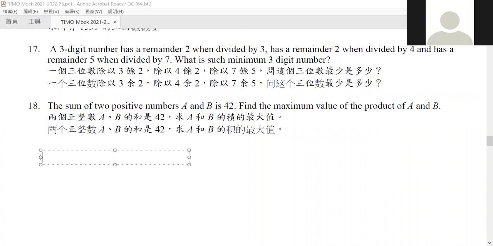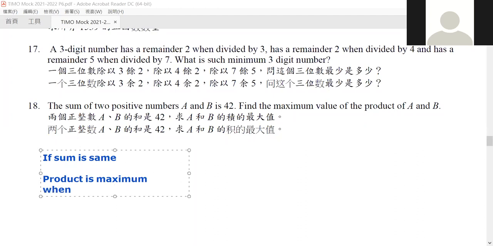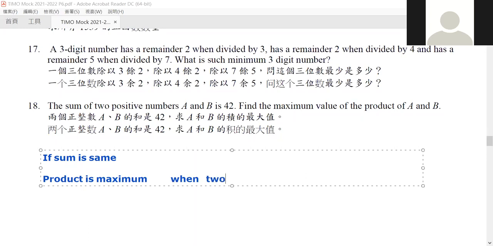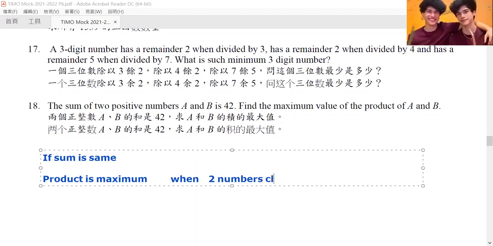If the sum is the same, the product is maximum if and only if the two numbers are closest to each other.